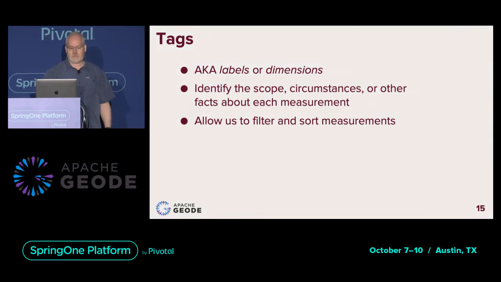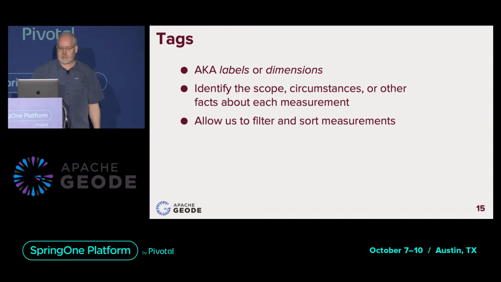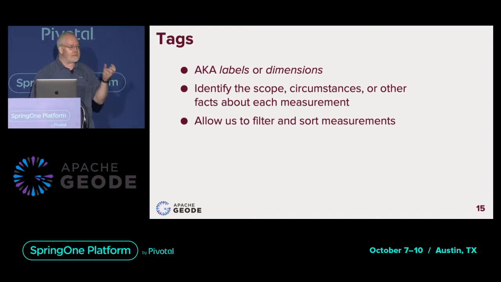What kind of memory was being measured? Other tags might tell you, for example, with garbage collection, what event triggered this garbage collection? The point of tags is to allow you to take all this massive information and focus on just the information you want by using the tags to filter the information that you're most interested in.